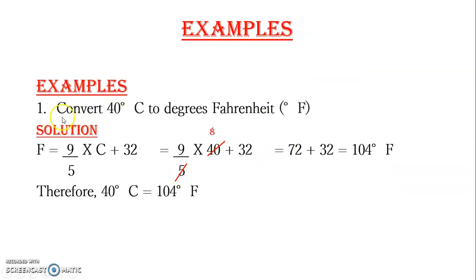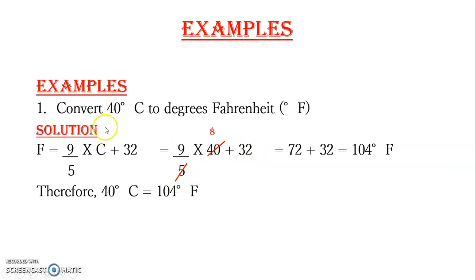Now, example 1. Convert 40 degrees Celsius to degrees Fahrenheit. And the solution, this is the formula to use. Now, to get Fahrenheit, 9/5 times degrees Celsius plus 32. So in our question, degrees Celsius was given as 40 degrees. So that would be 9/5 times 40 plus 32.